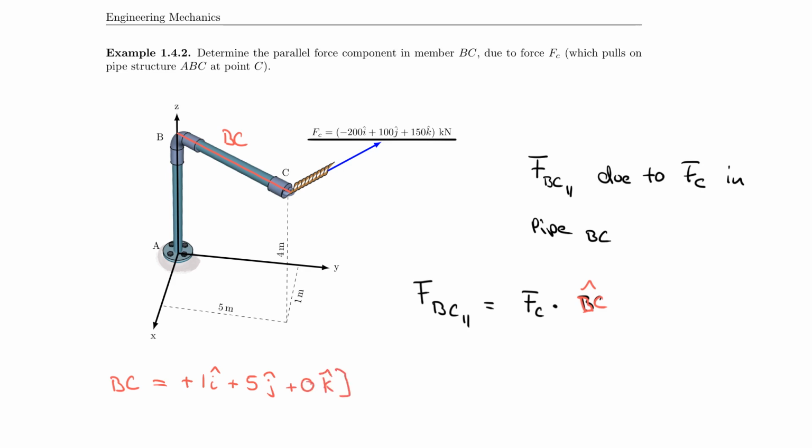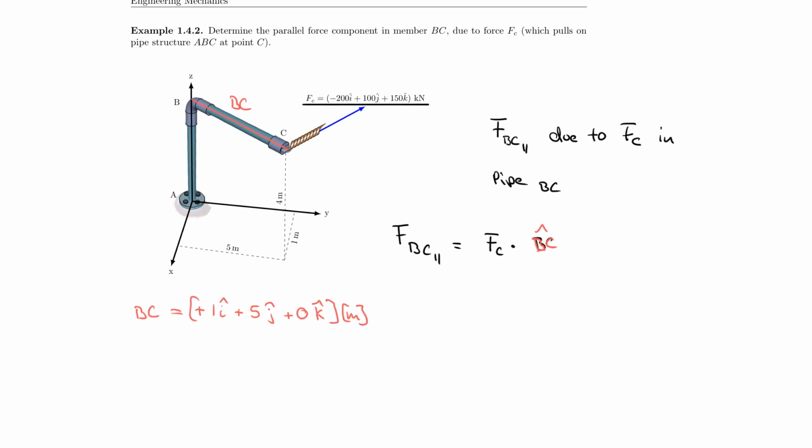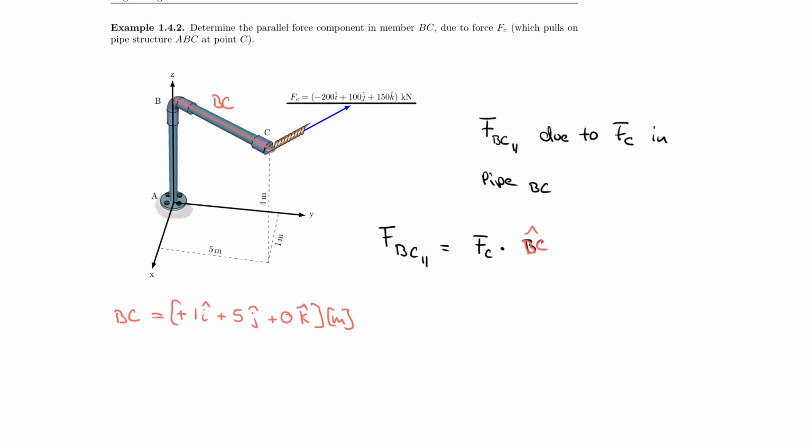And this is in meters. And so to get my BC hat, I actually need the BC magnitude, which is equal to 1 squared plus 5 squared plus 0 squared, and that's square rooted. And you can calculate that to be the square root of 26.